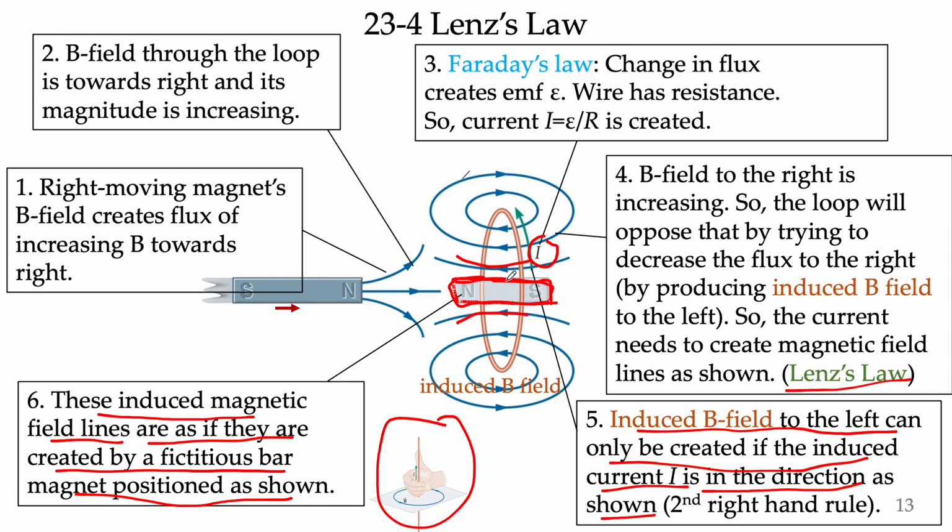It's not real, but the effect is the same. So the north pole will be here, because the magnetic field lines are to the left inside the loop. So this is basically how current induction works in a loop of wire with a bar magnet.